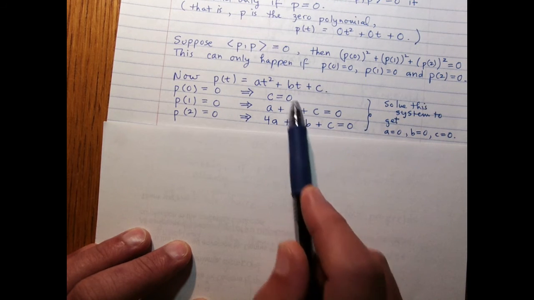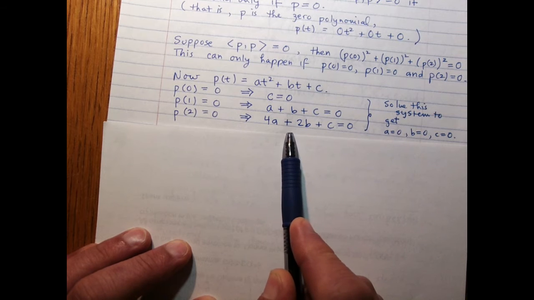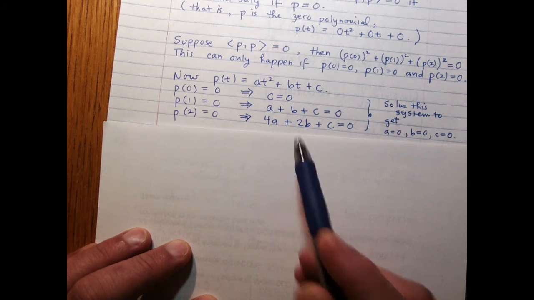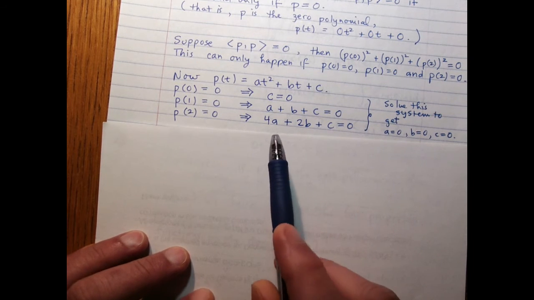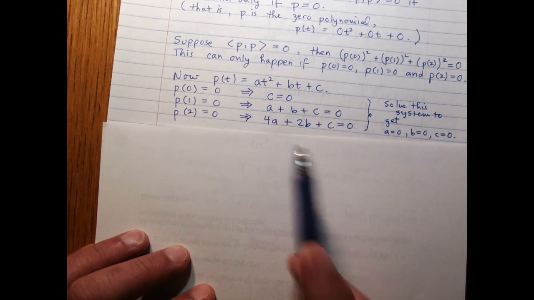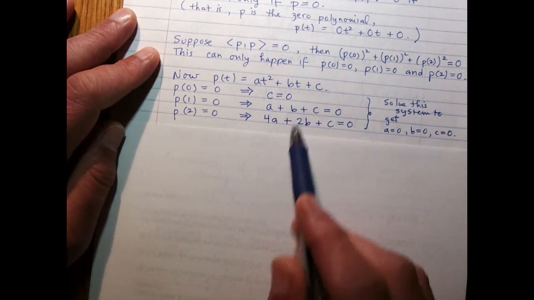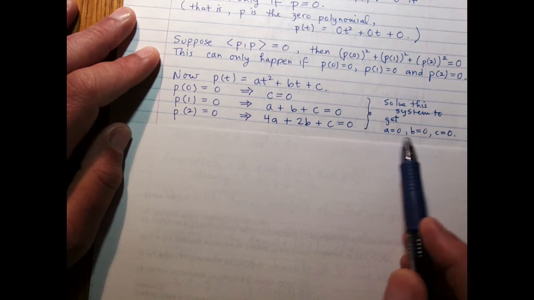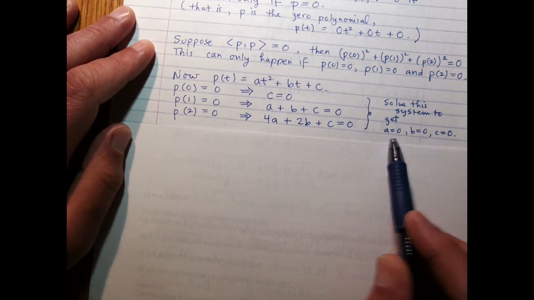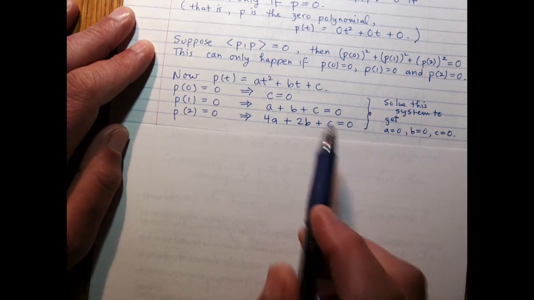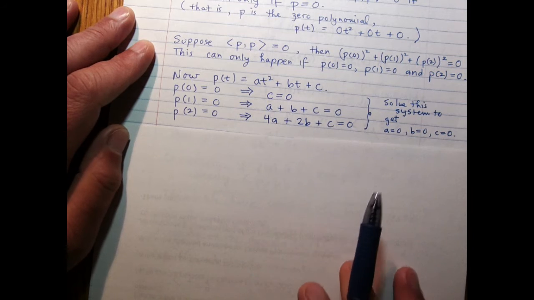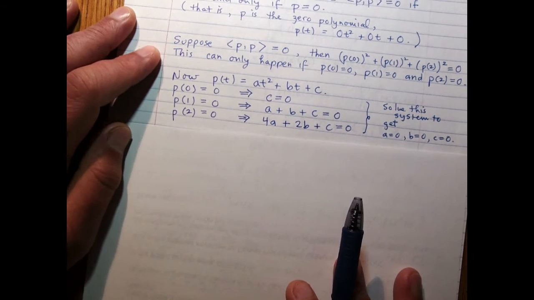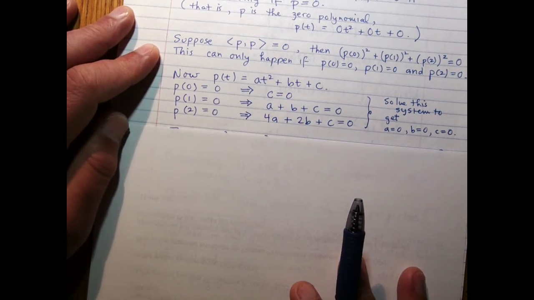I actually have three equations and three variables, and it's a system of equations that I can solve for a, b, and c. And it's very easy to solve for a, b, and c there. What you're going to find out is that not only is c equal to 0, but a and b must also be equal to 0. This system has a unique solution, and the solution is just 0, 0, 0.